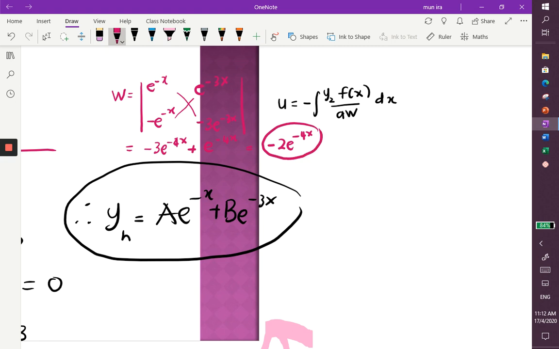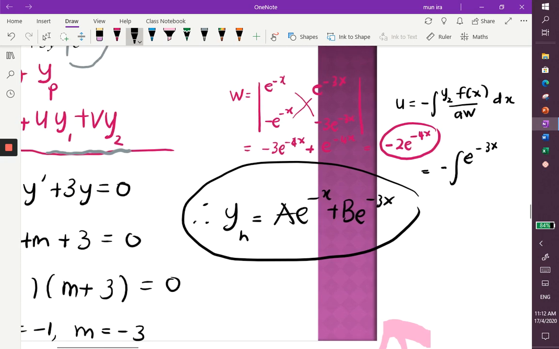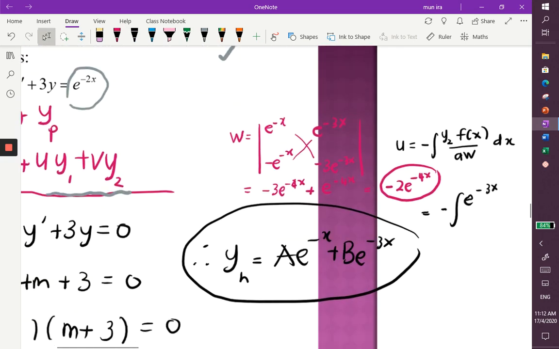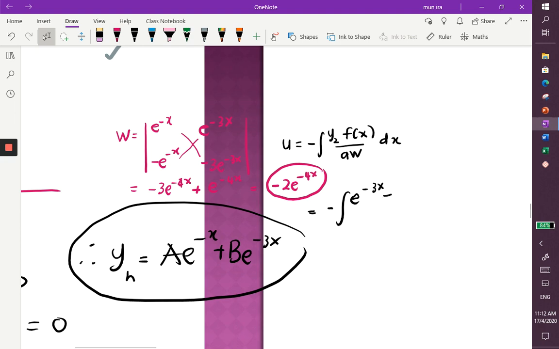Okay, so substitute here. So you have negative... what is y2 just now? We set e negative 3x. Our f(x) just now, look at the question again, is e negative 2x. So we have e negative 2x over a, which is 1, and your Wronskian is negative 2e negative 4x, dx.